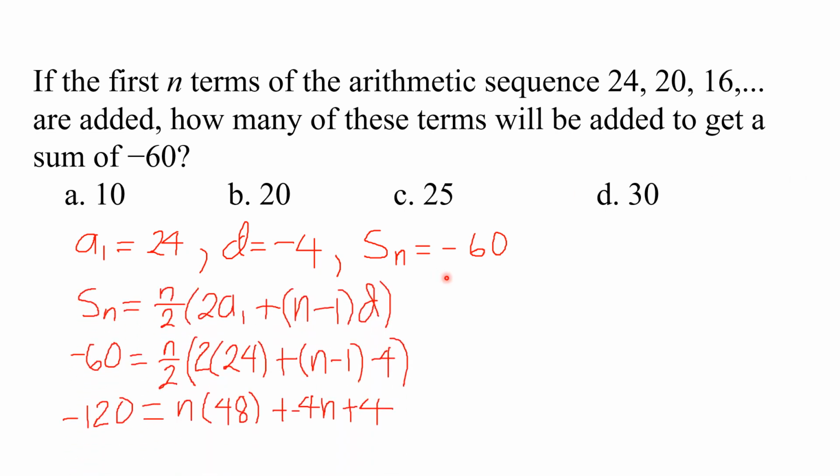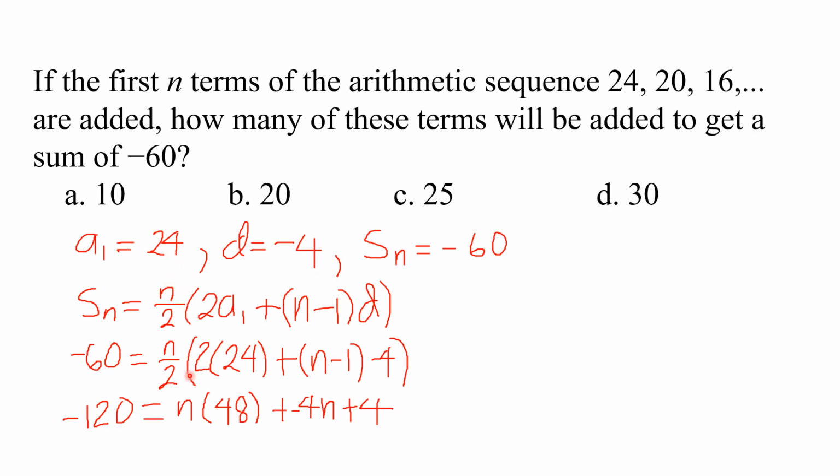From the given, we are going to use the formula S of n, or the sum of n terms, is equivalent to n over 2 multiplied by twice a plus n minus 1 multiplied by the common difference. So S of n is negative 60.